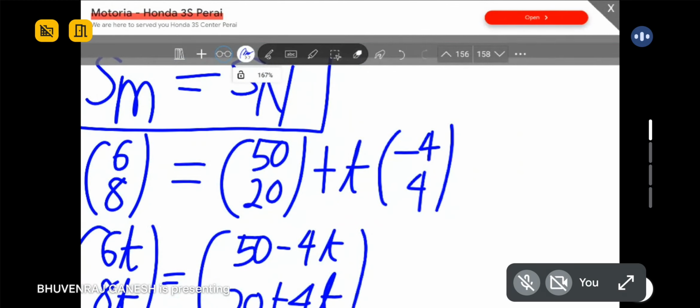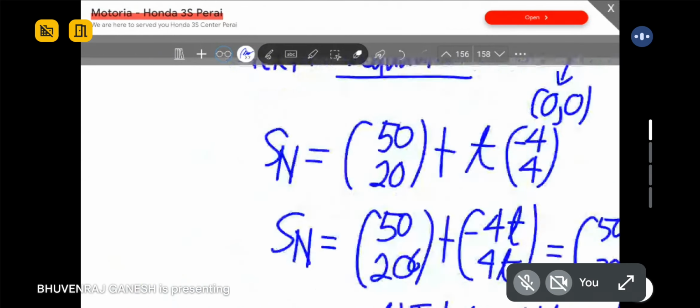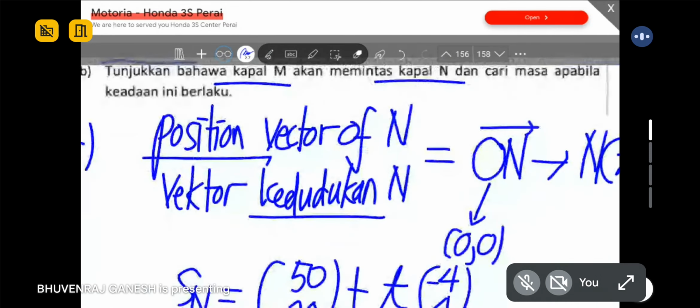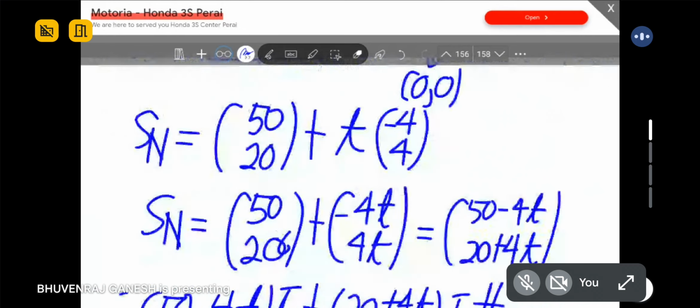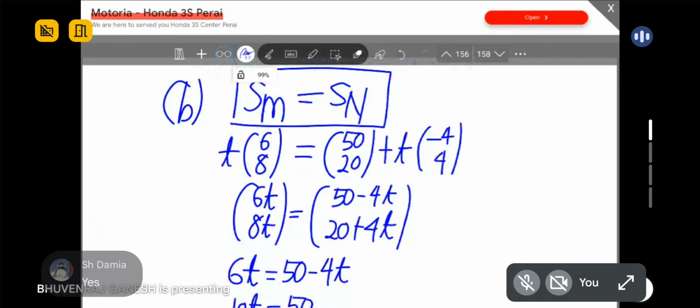So they are the same point. Am I right? Titik sama, 30, 40. M and also N. So means that you actually tunjuk adilah kapal M sudah pintas kapal N because they are on the same coordinate. Understand? Do you guys get the concept? Dapat? So that is the concept.